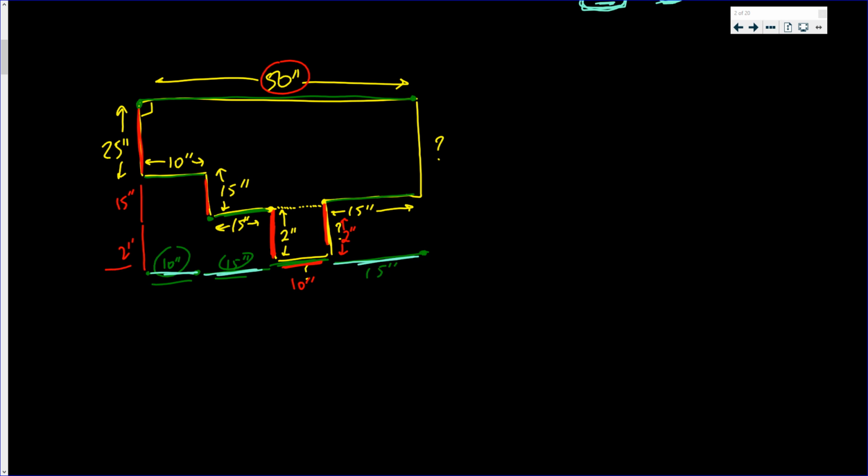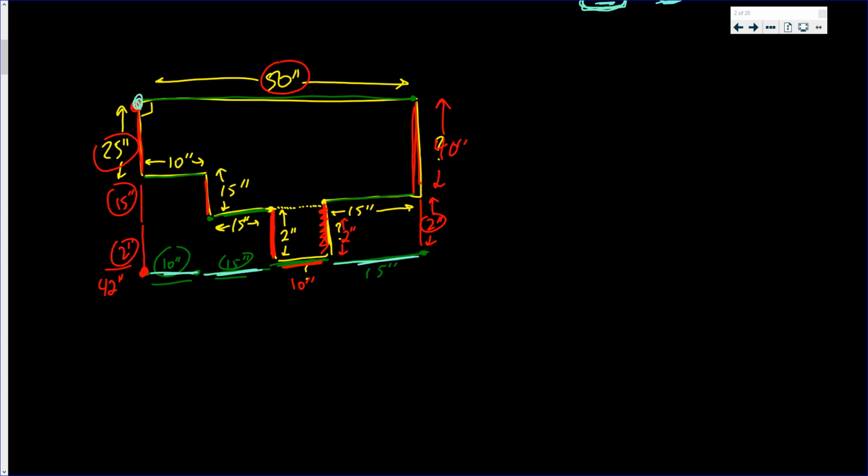So the whole distance from here to here is 25 and 15, which is 40, plus 2 more is 42. Well, this piece plus this piece, which I'll bring here, that's 2 inches. That should also be 42. Well, if this is 2, then this distance must be 40. Okay. If I'm not mistaken, I have all the distances.